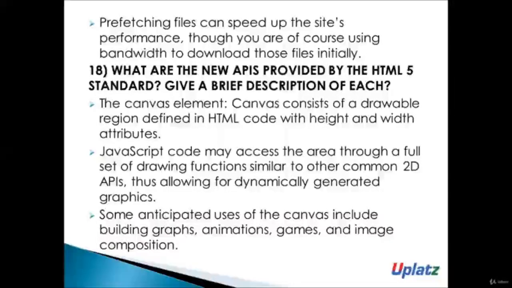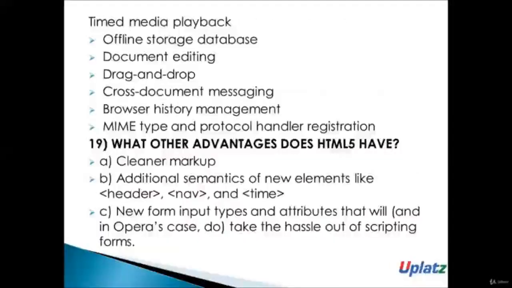Some anticipated uses of canvas include building graphics, animation, games, and image composition. So those are some of the important APIs. Timed media playback, offline storage database, document editing, drag and drop, cross-document messaging, and MIME type protocol handler registration.